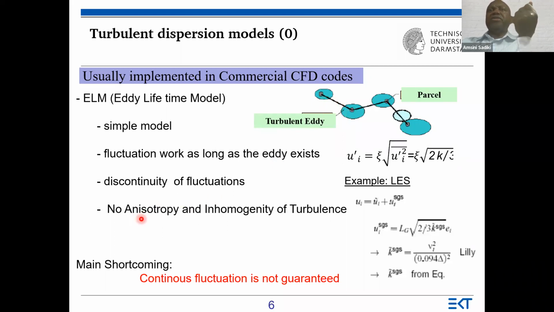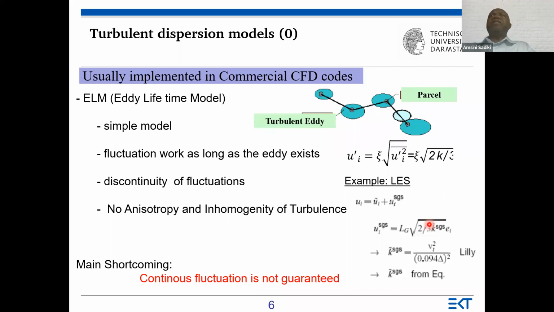And we cannot consider the anisotropy and inhomogeneity of the turbulence in this. Everything is homogeneous and discontinuous. So the main shortcoming is that the continuity of the fluctuation is not guaranteed. And as I said before, we extend this to LES and we obtain this kind of expression.